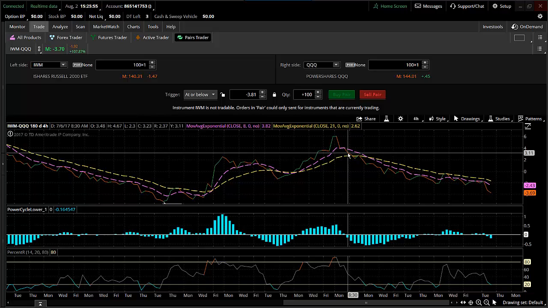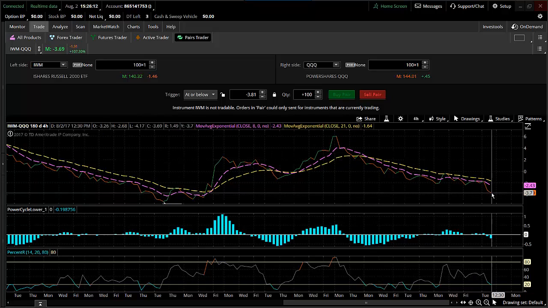So if you had gotten into this trade where you would have sold short 100 shares of the Russell and bought 100 shares of QQQ at the same time, you would be into this trade selling the Russell at $3.11 over QQQ, and now the Russell is $3.70 below.